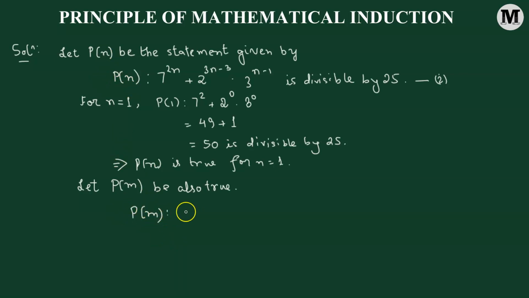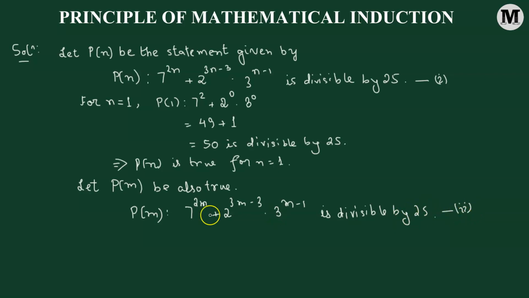So P of m will be 7 raised to the power of 2m added to 2 raised to the power of 3m minus 3 multiplied by 3 raised to the power of m minus 1, and we're saying that this expression is divisible by 25. Let's call it statement number 2.